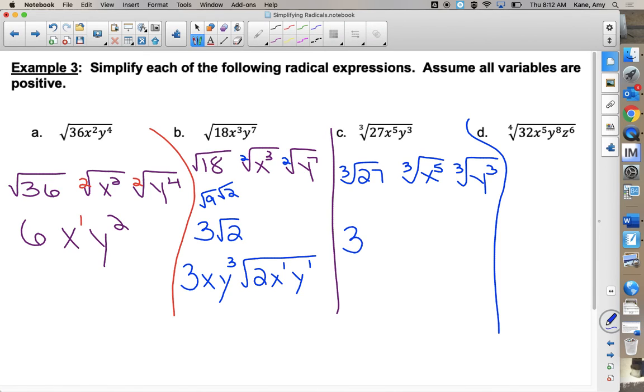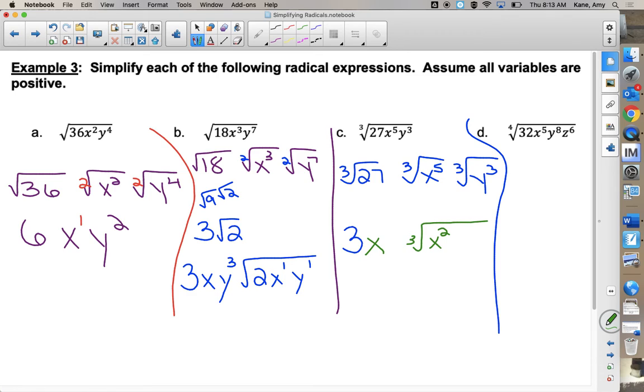So that's 3. And then you have to do a little bit of division. So how many times does 3 go into 5? Ava, how many times does 3 go into 5? Once. So I pull an x out. What is left over when you take out those 3? 2. So 3 divides into 5 once with a remainder of 2.